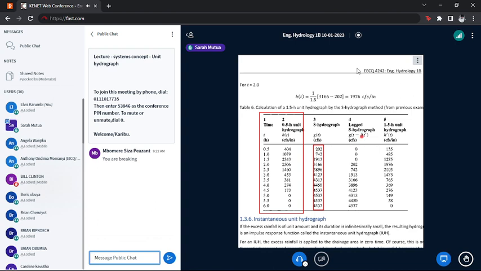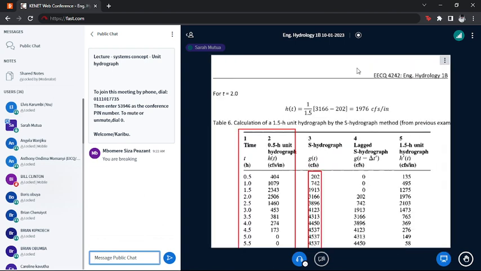And how is that done? For example, for t equal to 2.0 hours. Remember now our dt is 1.5.